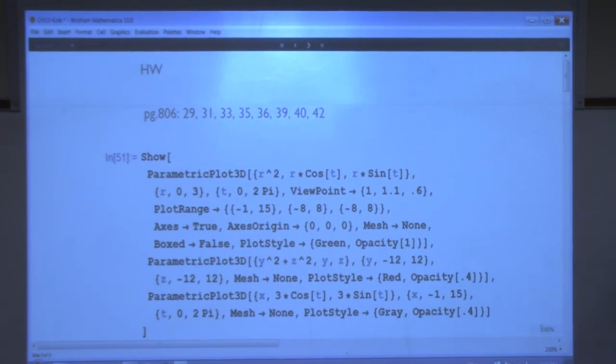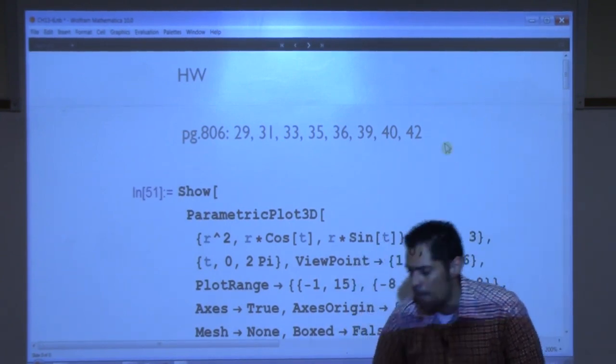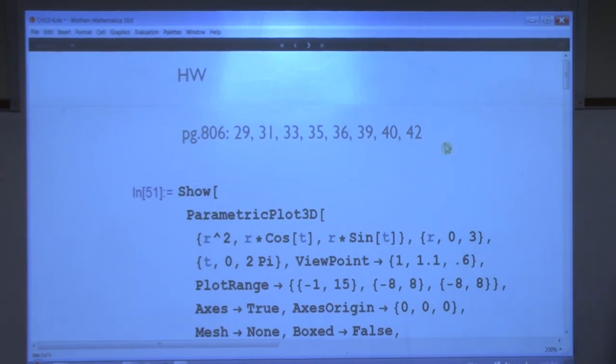So I know we're out of time, but just to give you an idea, we're done with 13.6. 13.7 is probably going to take us all of next class and probably part of next week's class to get through. 13.7 is the last big, heavy section. 13.9 will take about 15 minutes.